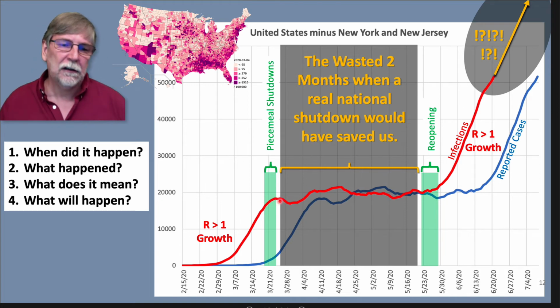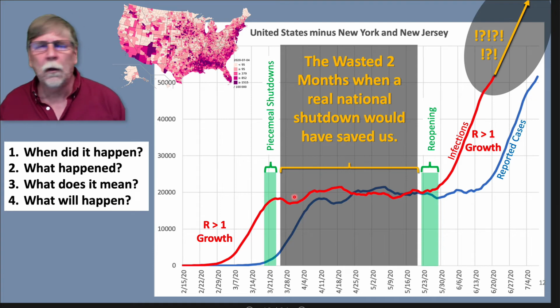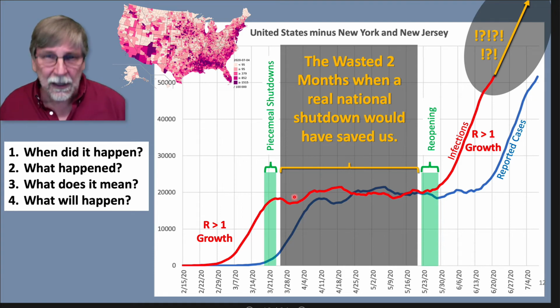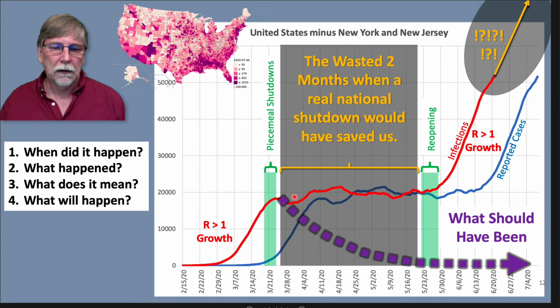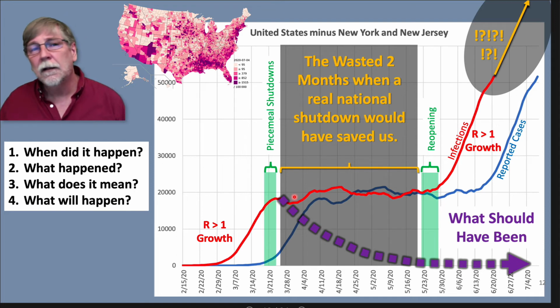Let's imagine that back here when New York had shut down, that the whole country had shut down at the same time and as hard. What would have happened? Well, there's that exponential decay that we saw in New York. That's what it would have looked like had we done that as a nation.